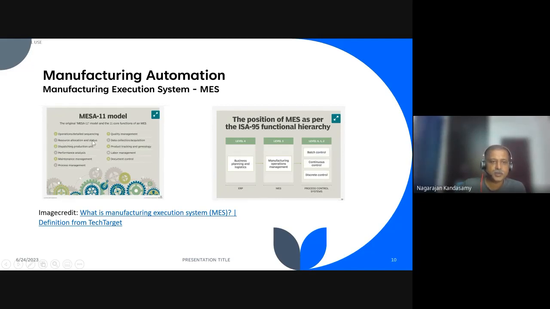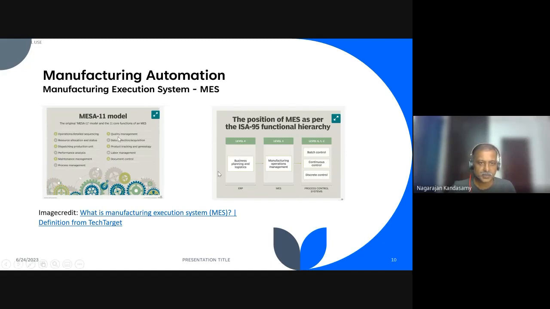That information would be captured. Then dispatching production units, how many units are being dispatched, and mainly performance analysis, one of the key components. We call it OEE, or overall equipment efficiency. How long a machine has been running, whether it gives a quality product. Based on these they put certain KPIs or metrics under the performance analysis.